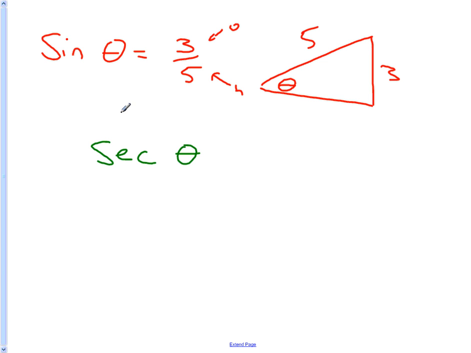So to figure out this one, I really need to figure out the cosine of theta. And then the cosine of theta needs me to know the adjacent, cosine, adjacent over hypotenuse. So I need to find adjacent and hypotenuse in this, and this is the adjacent one, and I don't know it. But you can figure it out, can't you?